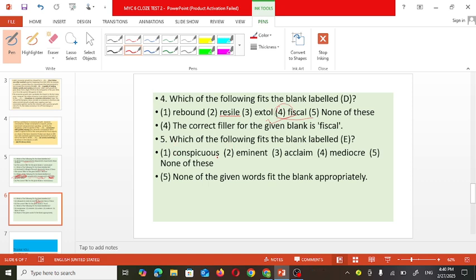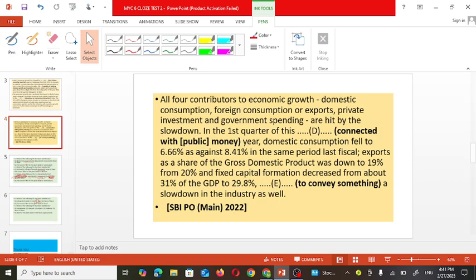Now for the next filling the blank, options are given: conspicuous, imminent, acclaim, mediocre, and none of this. Now see the place where you have to fill this word. See the sentence now. All four contributors of economic growth, domestic consumption, foreign consumption or export, private investment and the government spendings are hit by the slowdown.